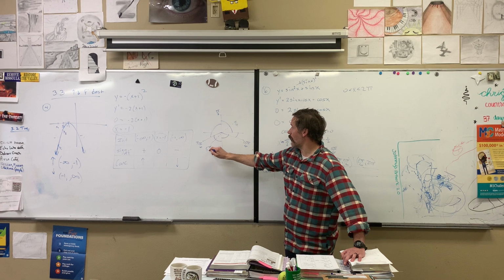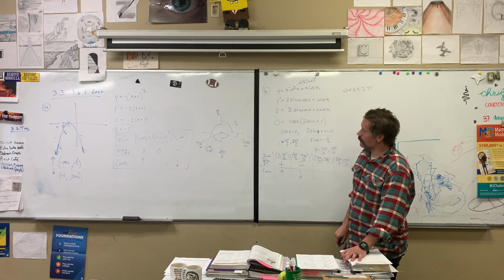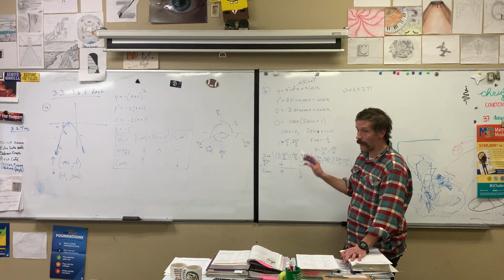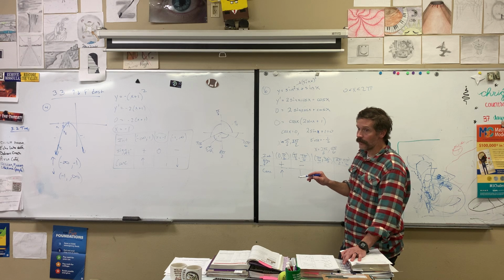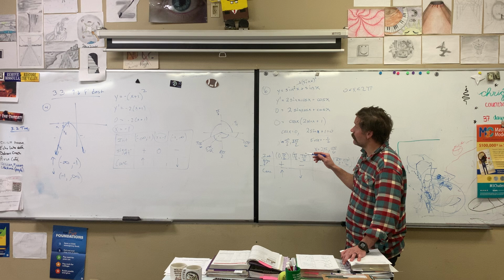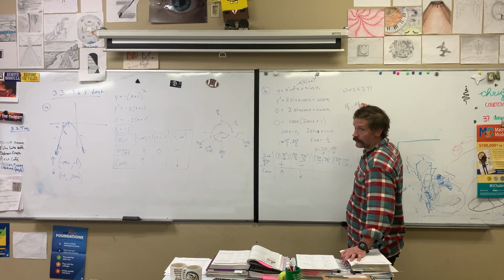Now, again, we're not too worried, but at the pi over 4s, hopefully that one's easy because it's a 45, 45, 90, so it should always be root 2 over 2 or a negative root 2 over 2, right?